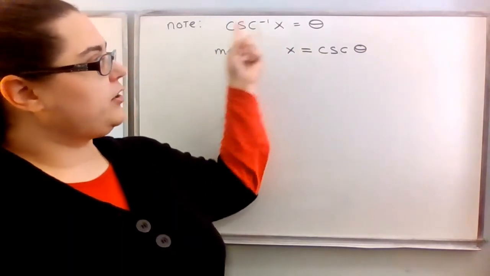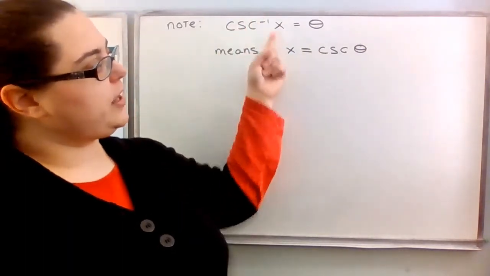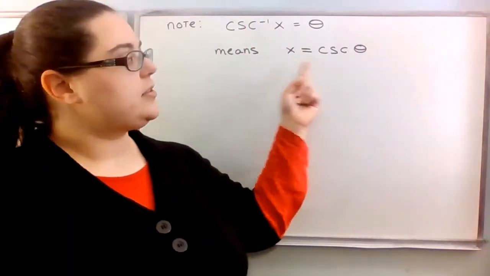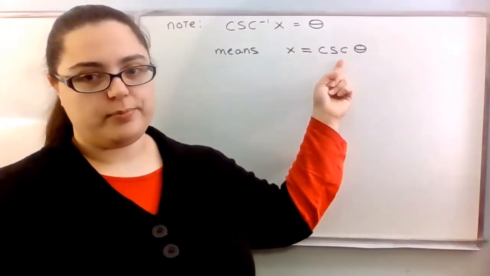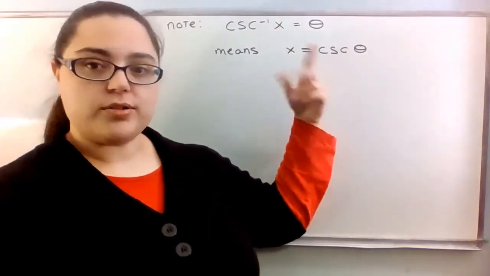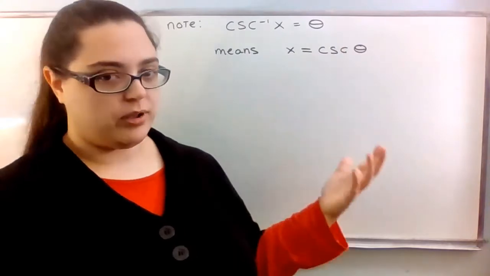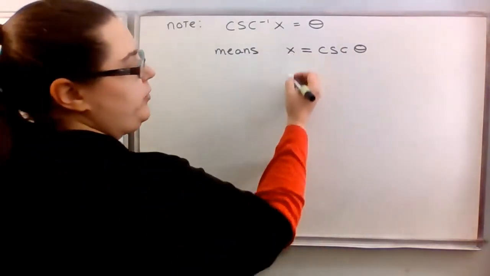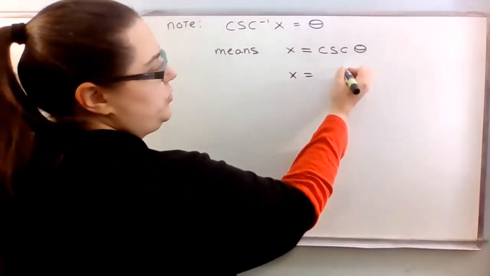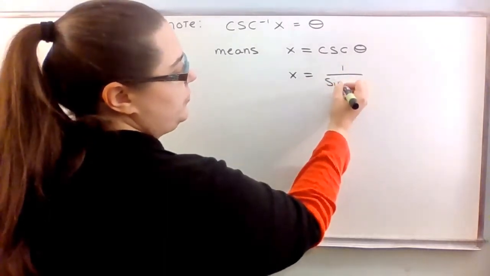So cosecant and cosecant inverse would cancel, and that'll give us just the x. And this is equal to cosecant of theta. Now, cosecant of theta is the reciprocal of sine. So I can rewrite this as x is equal to 1 over sine of theta.